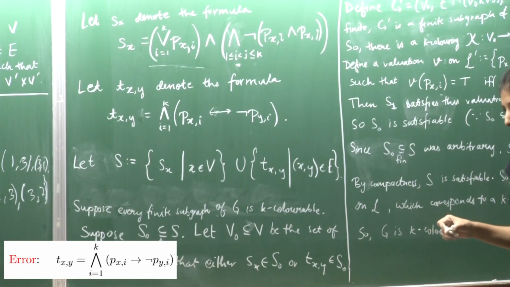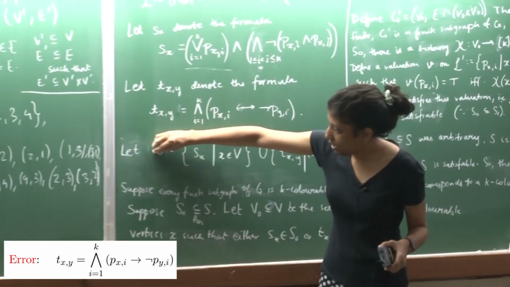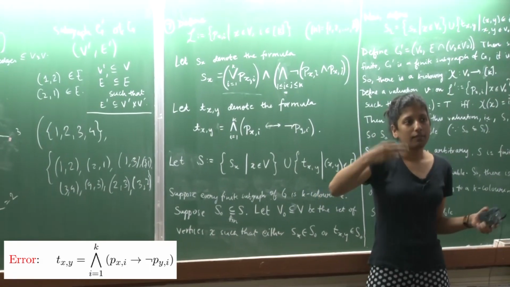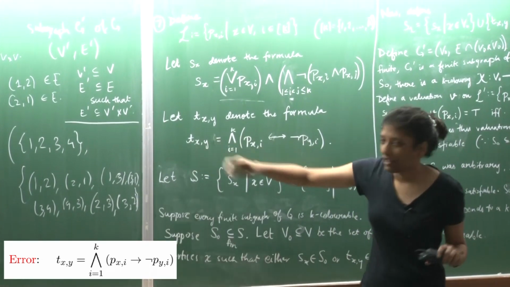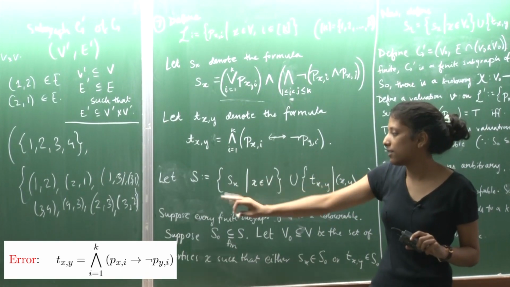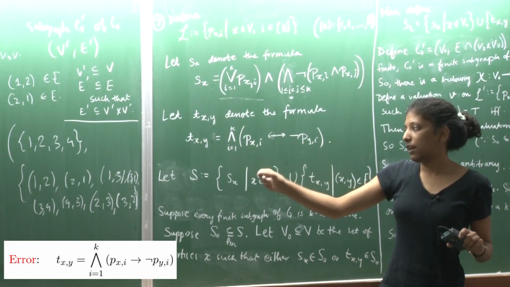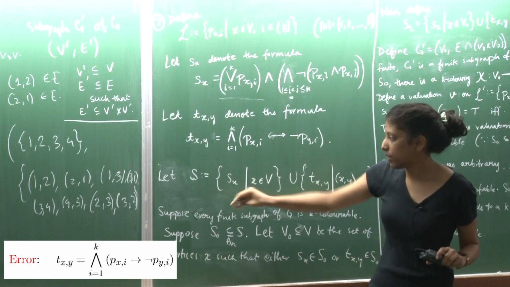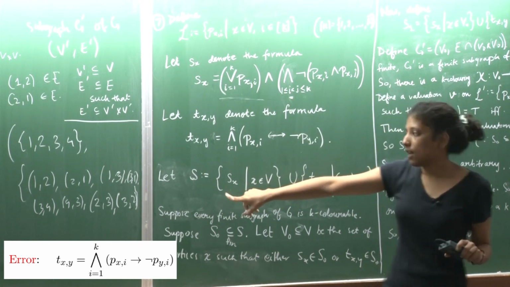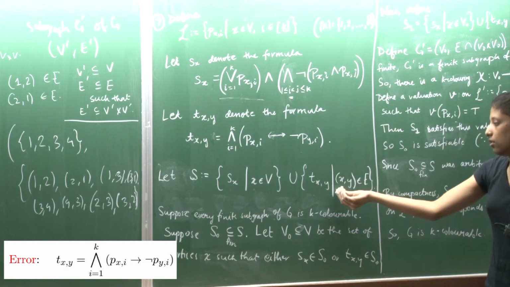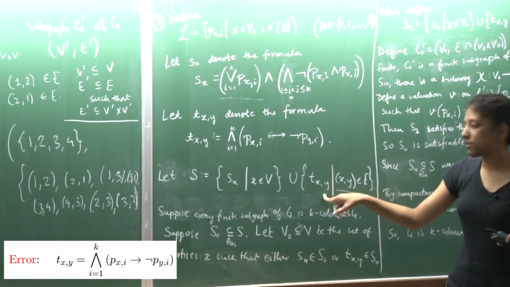Okay, so now you'd want to define your set of formulas which captures that your graph is k-colorable, right? So that's the idea that you have in mind when you're defining the set of formulas. So first thing you need is for every vertex to have a color. So for each vertex you include the formula Sx. And then for each edge x comma y, you include the formula Txy.